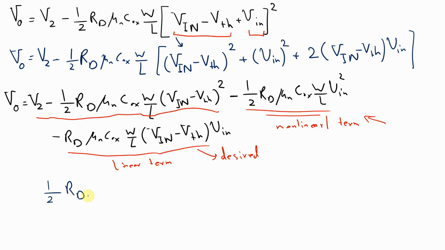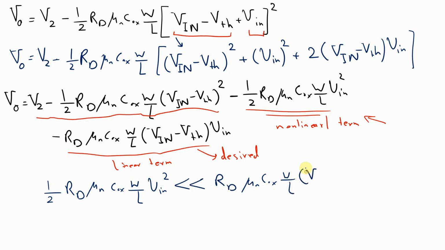So 1 divided by 2 RD mu n C oxide W over L times V in squared has to be much less than this term here, RD mu n C oxide W over L times V in minus V threshold times V in. So it's so easy now, we can calculate it.